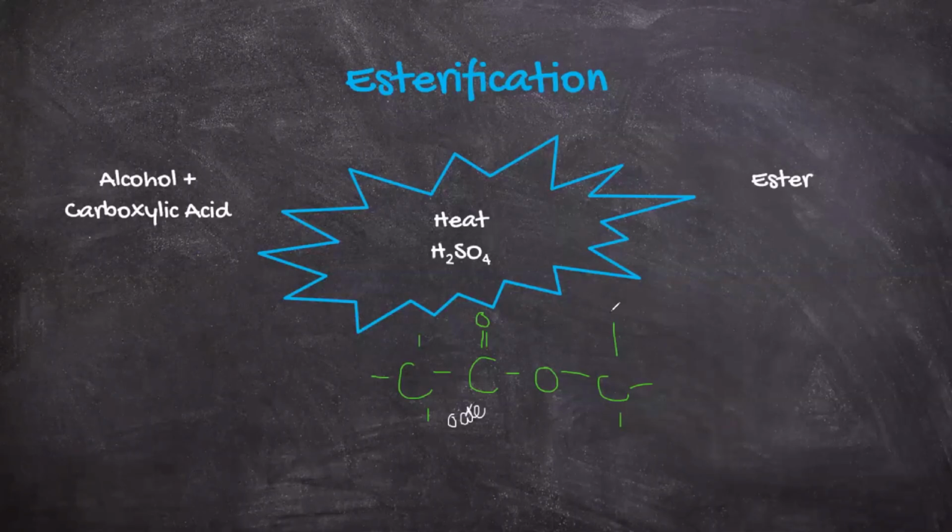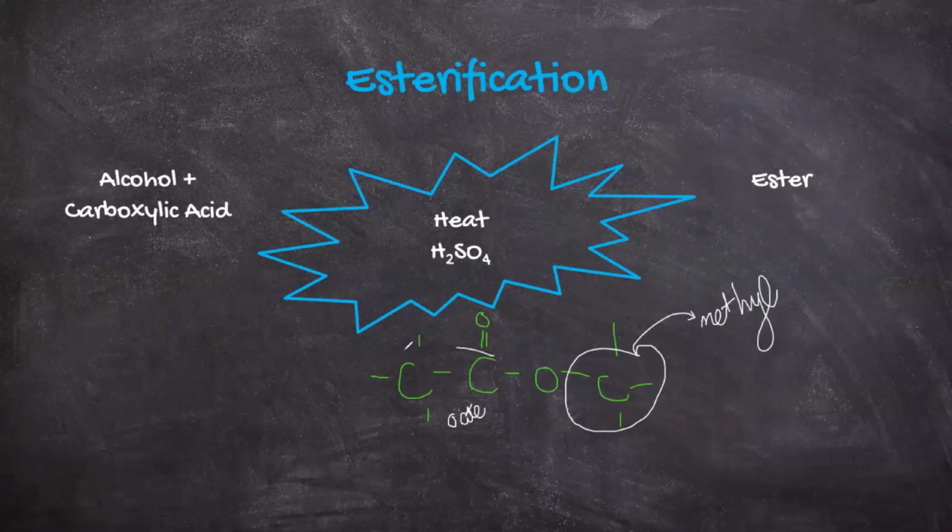So when we name this then, we look at the alcohol side. We say, okay, well, this is a methyl group. Ignoring the alcohol bit, this is a methyl group. That's methyl. And on this side, we have eth.